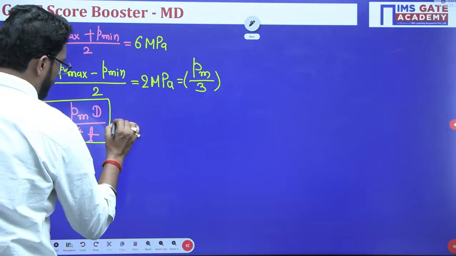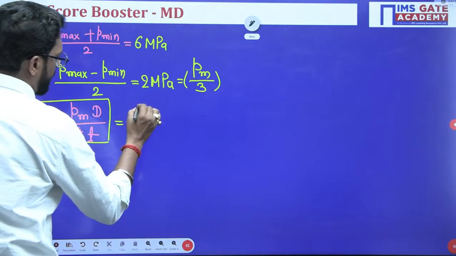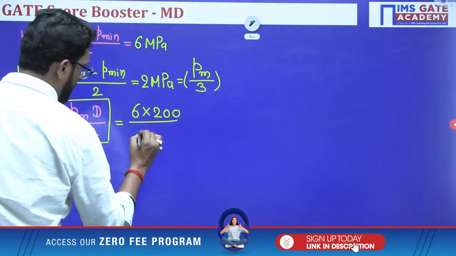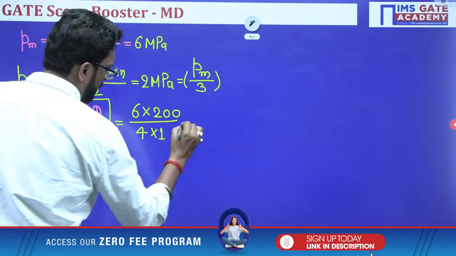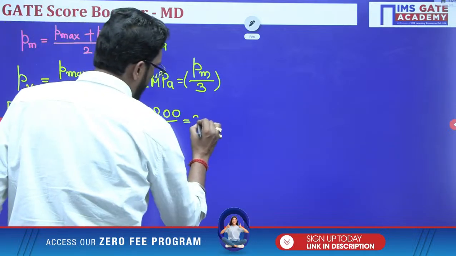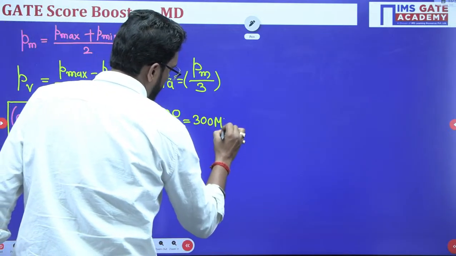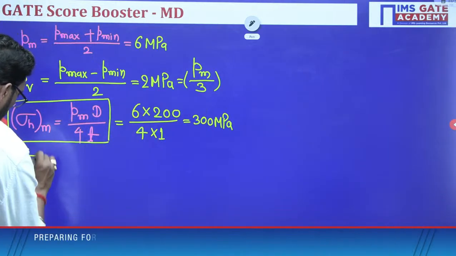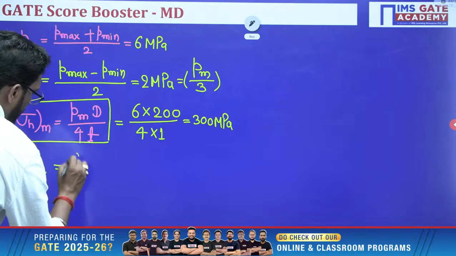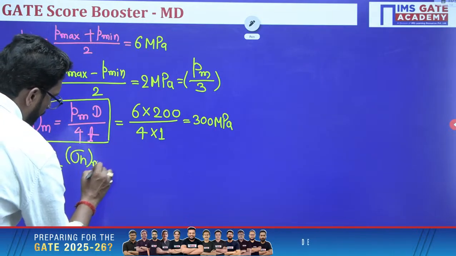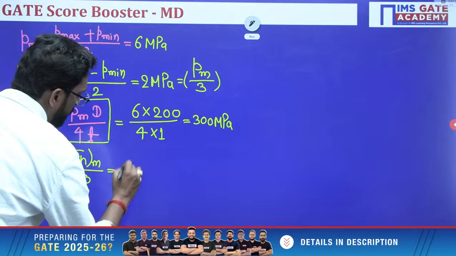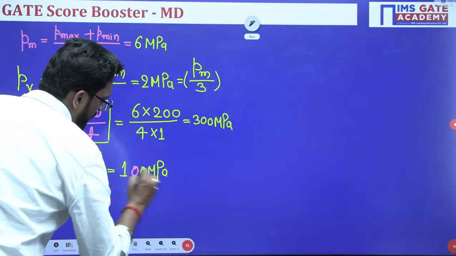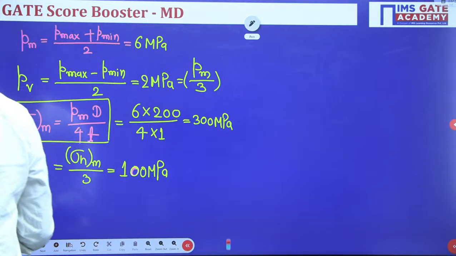So from here, P mean 6 into diameter 200 divided by 4 T, where T is 1, this value is 300 megapascal. Similarly divided by 3, 100 megapascal. So the variable hoop stress is the mean hoop stress by 3, that means 100 megapascal, because this is P mean by 3.